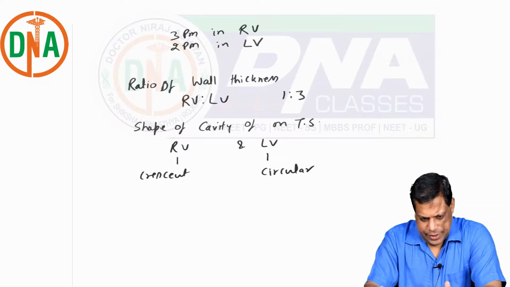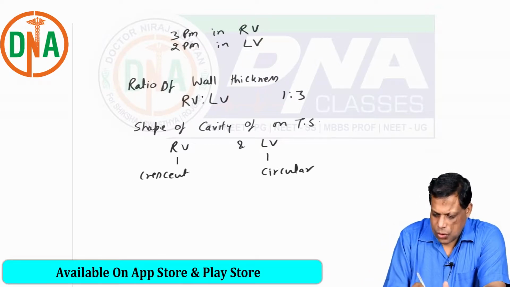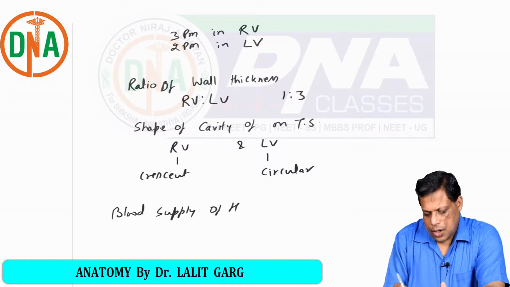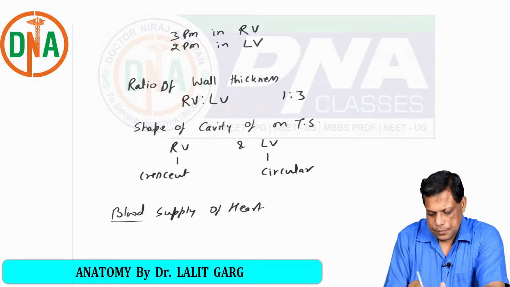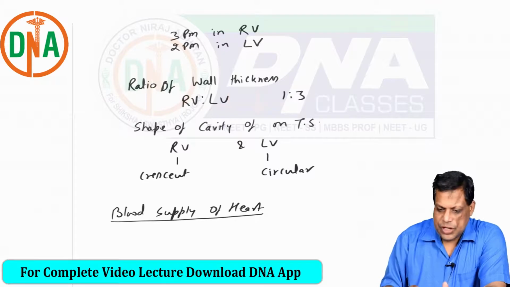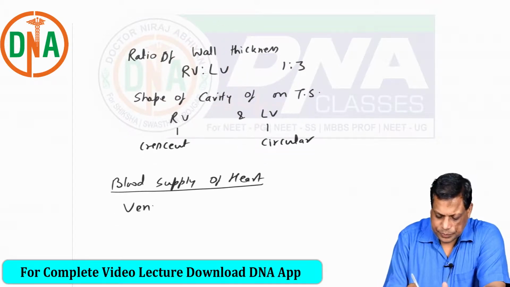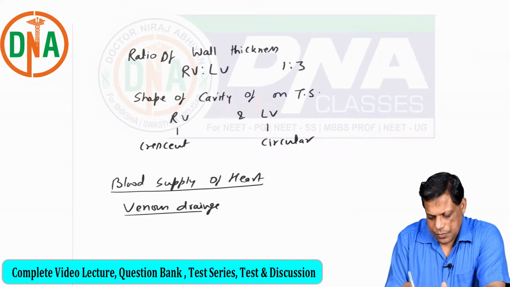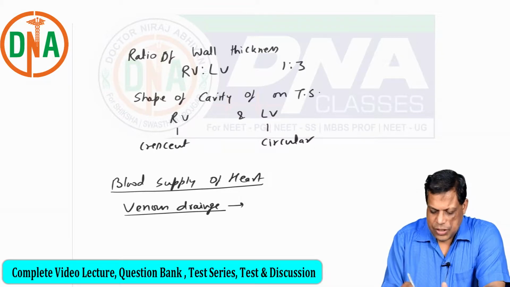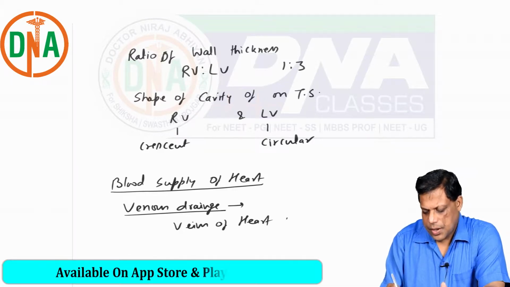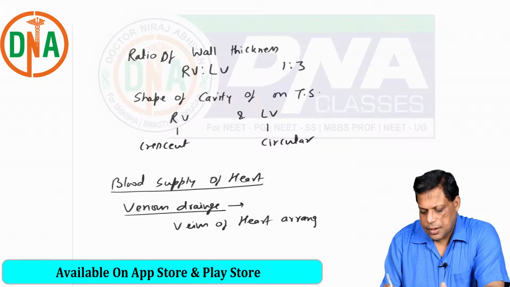Now the next heading is the blood circulation of the heart, or blood supply of the heart. First we will talk about the venous drainage of the heart. The veins of the heart are arranged in three groups.